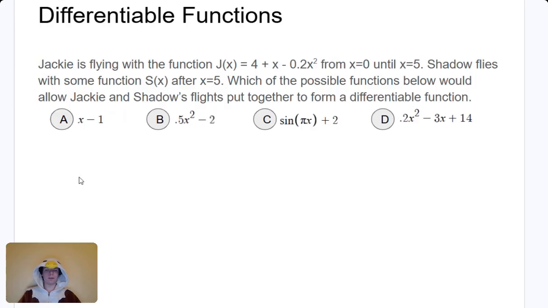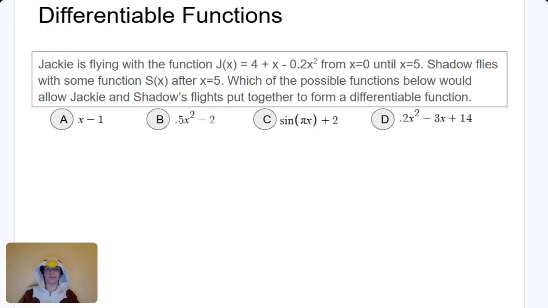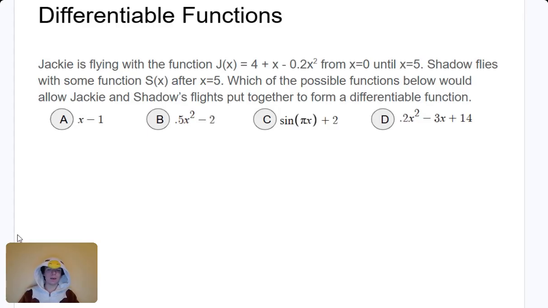So now we're going to try a more complicated practice problem. So Jackie is flying on the function j of x equals 4 plus x minus 0.2 x squared from x equals 0 to x equals 5. Now Shadow is going to fly with some function s of x after x equals 5.